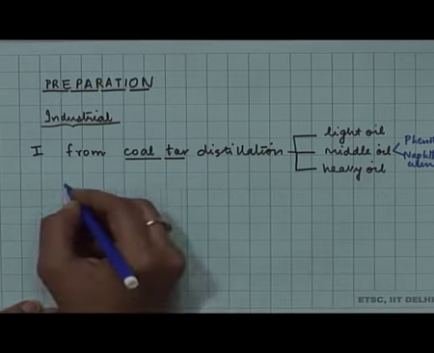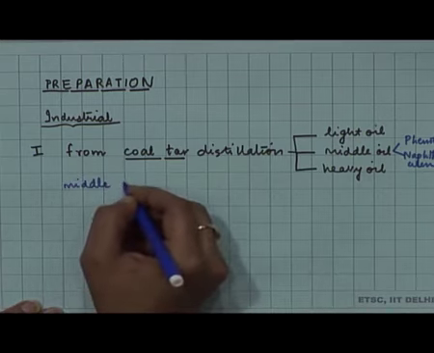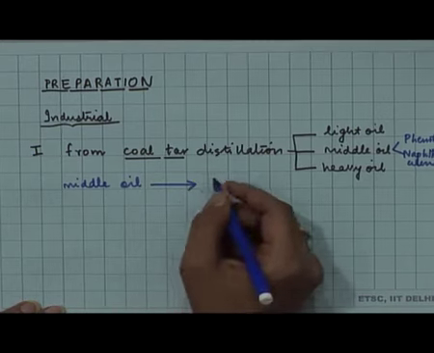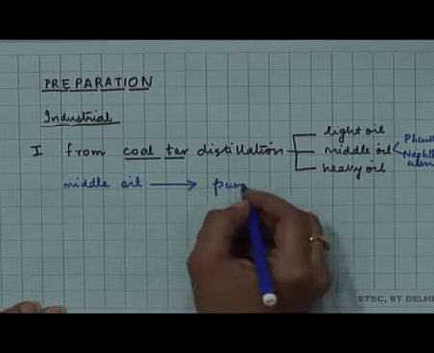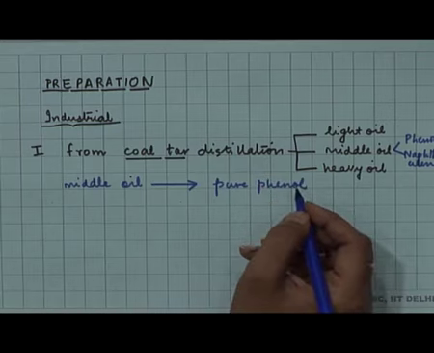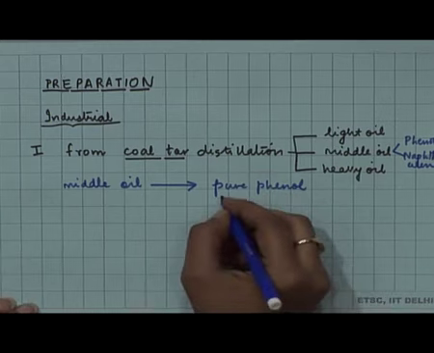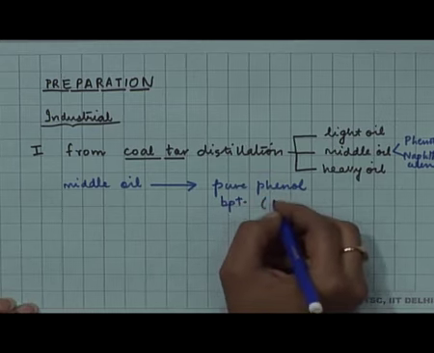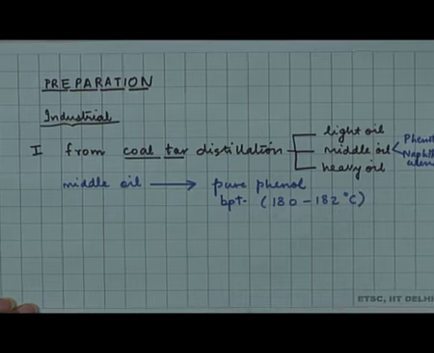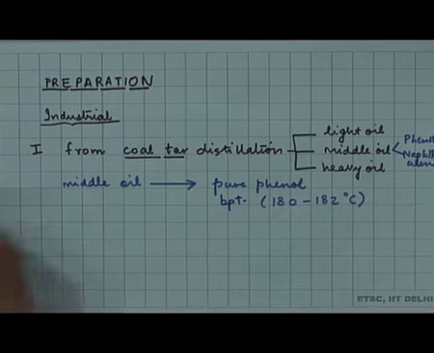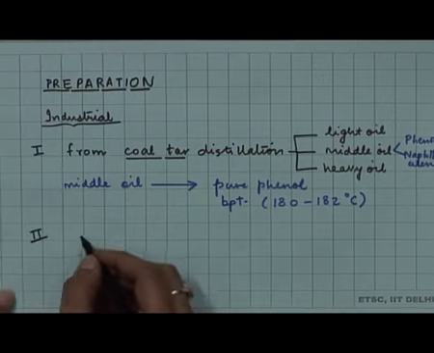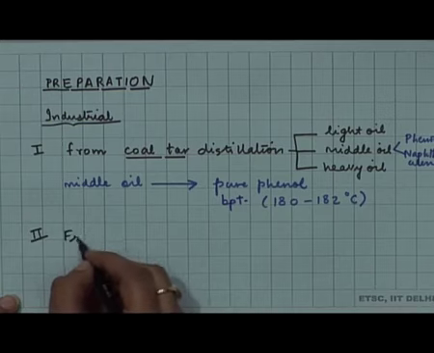So, this middle oil fraction is subjected to subsequent treatment from which pure phenol can be isolated. This is on the industrial scale for isolation of phenol, and the boiling point of pure phenol lies in the range 180 to 182 degrees Celsius. Another method on an industrial level for the preparation of phenols is from chlorobenzene.